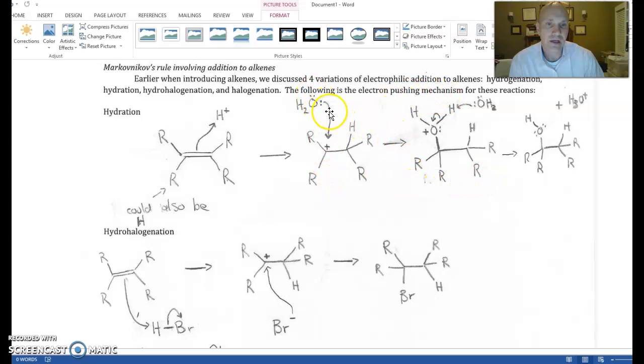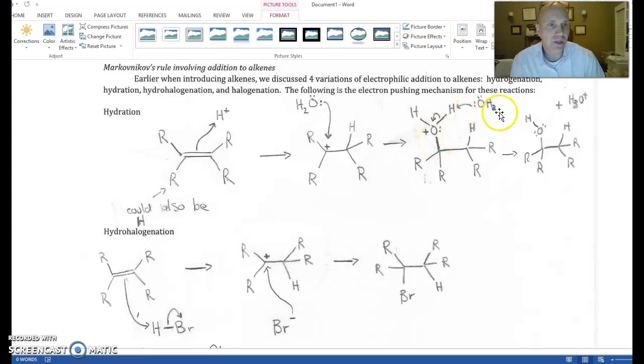Notice that when that happens, the positive charge is no longer on this carbon. It would actually be on this oxygen right here. Notice that there are two electron pairs here and the oxygen is neutral, while here there's one electron pair and a positive charge. The other electron pair is now the electrons that went into making this bond right here.